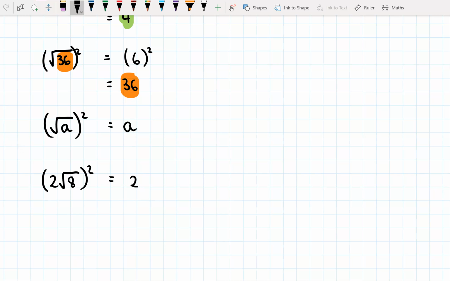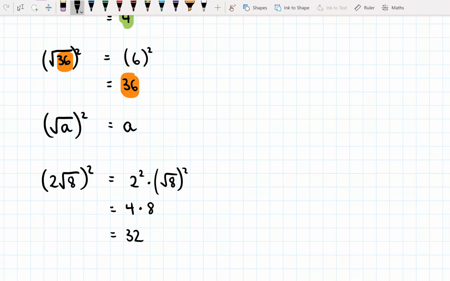So that becomes 2 squared times the square root of 8 squared. 2 squared we know is 4, so it becomes 4 times 8, which is 32. So when you square a square root that has a coefficient, this is the same as the coefficients for your algebra. If you have a coefficient for the square root, you need to remember to also square that.